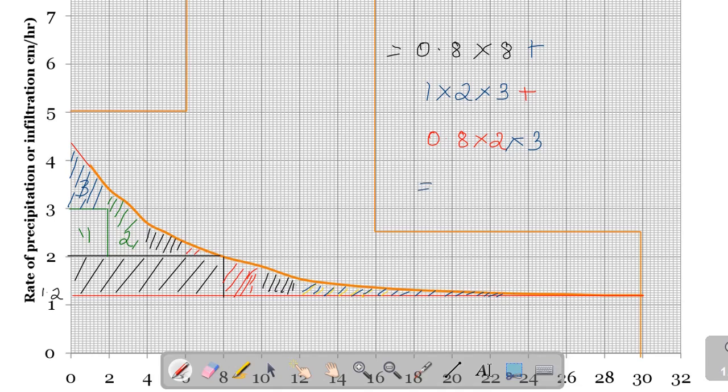So you will be getting 17.2. Here the unit, upper one, is centimeter per hour into minutes. So in order to convert the minutes into hours, we are dividing by 60. So you will be getting 0.286 centimeters as rainfall.